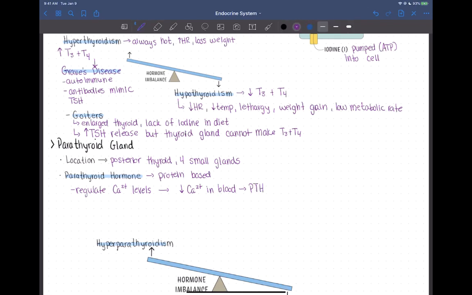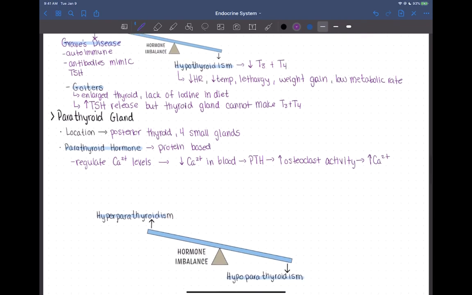Then that parathyroid hormone is going to go to the bones where it is going to increase osteoclast activity. So this is one of its effects. Remember, osteoclasts in the bone are cells that chew up and break down bone, thus releasing calcium. Then that calcium can go into the blood, so that will lead to an increase in calcium in the blood.